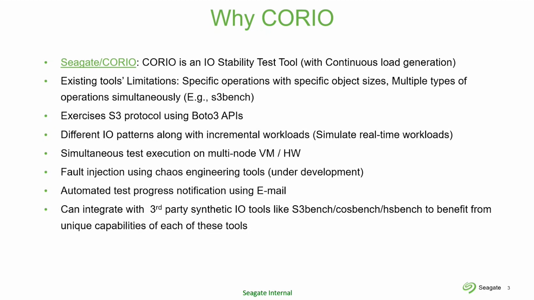So we are open for extension. This is a specific IO tool. As of now, we are covering the S3 protocol or S3 specific operations, but in future we are open to add any other IO protocols, for example, NFS or anything.